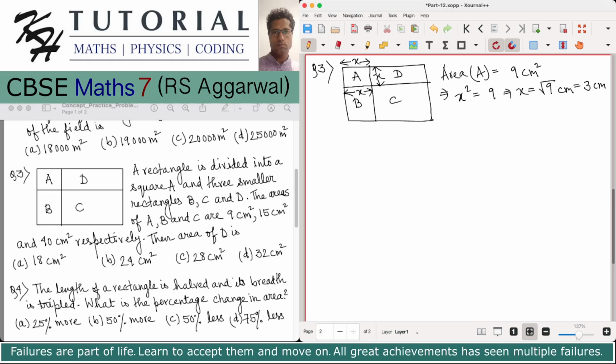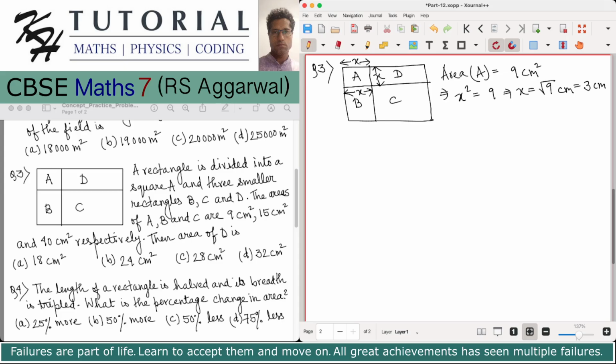Also, it is given that the areas of B and C are given. We have to find the area of D, where we know that the breadth of the rectangle D is x.